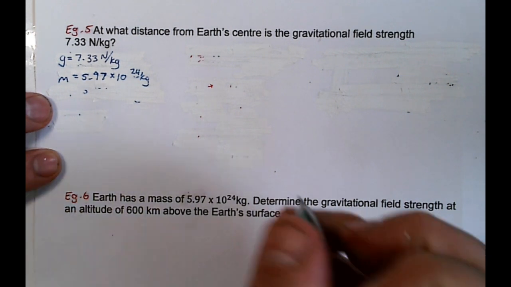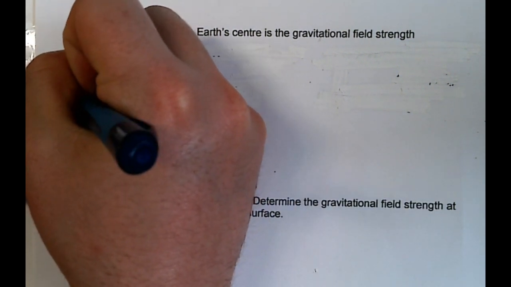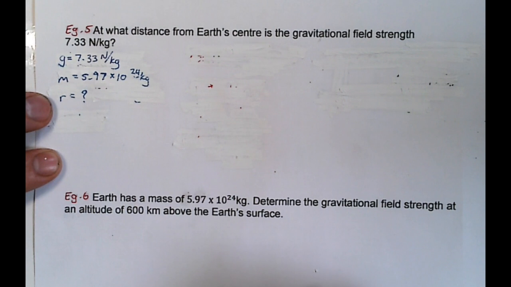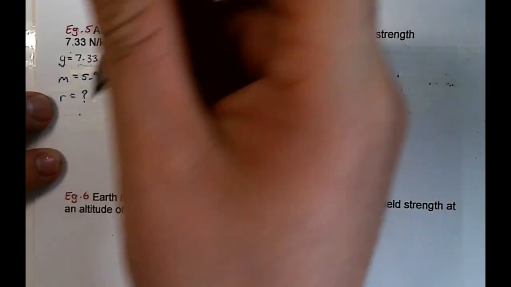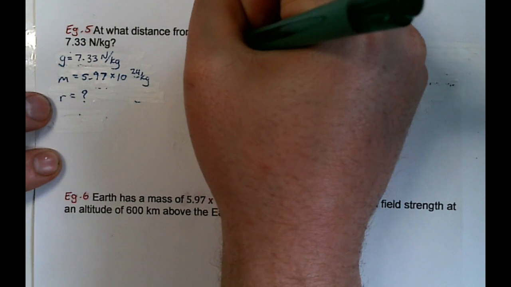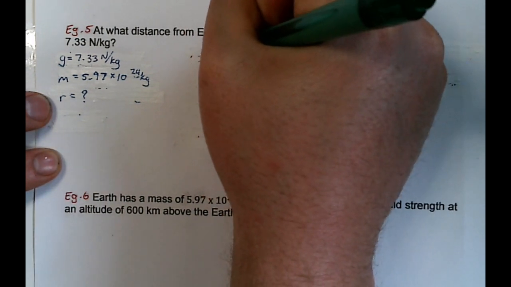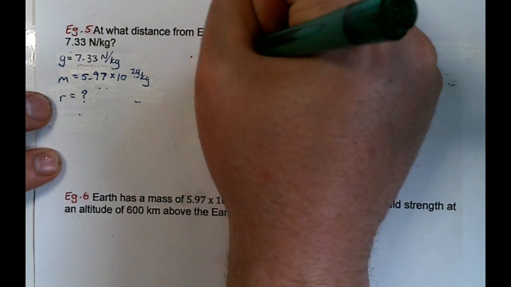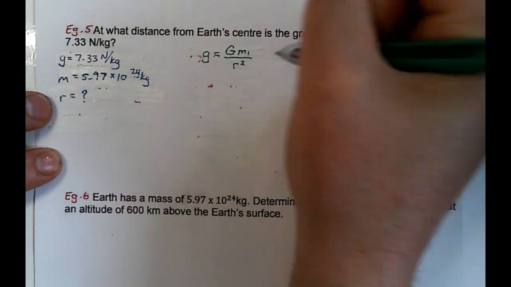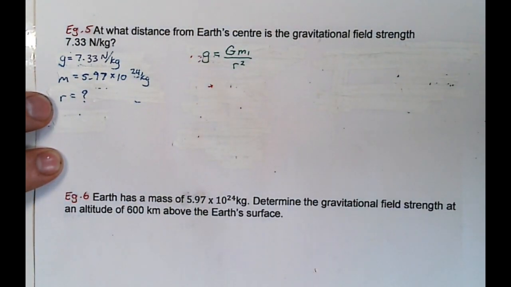We want to determine how far away we are from the Earth's center. So to do this, we are going to use our source mass formula, which is g is equal to the constant times the mass divided by the radius squared, or the distance squared.